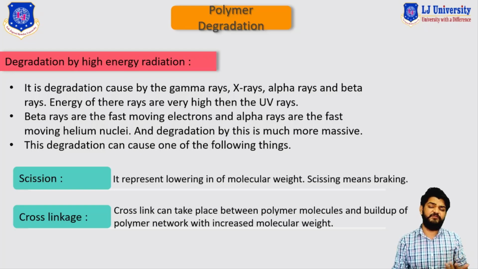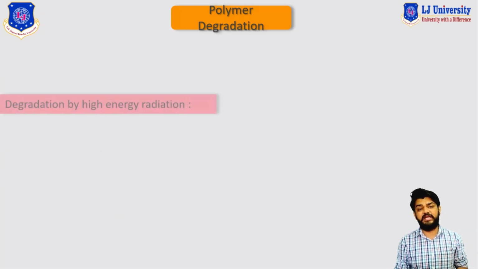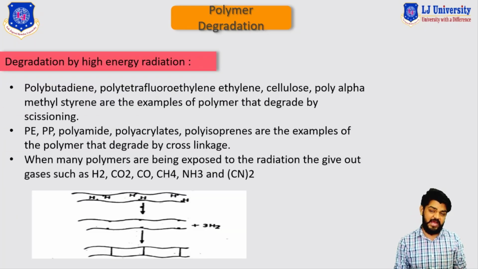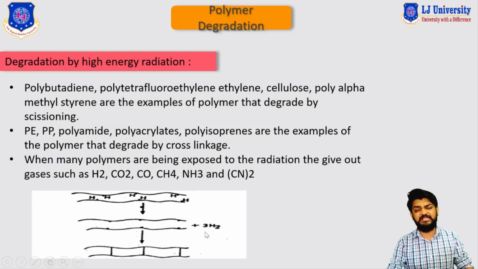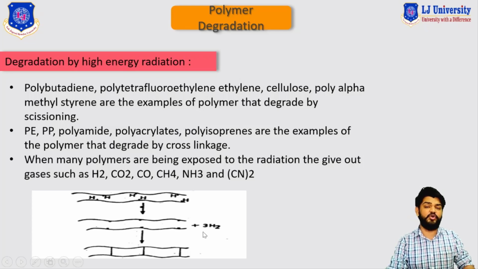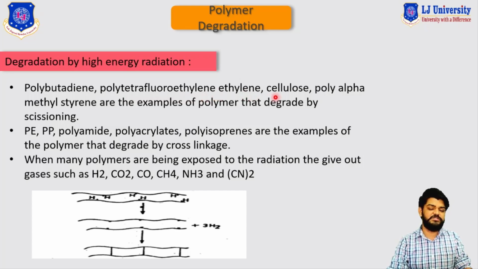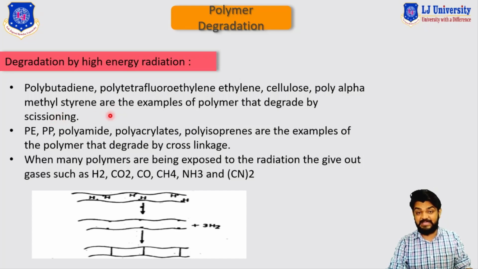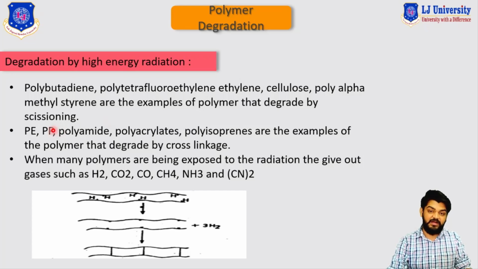Let's first understand this cross-link degradation by high intensity energies. As you can see here, there are some examples which can undergo this type of degradation process, such as polybutadiene, then polytetrafluoroethylene, then ethylene molecules, then cellulose, polyalpha methylstyrene, which can undergo high energy radiation degradation in the scission effect, right?